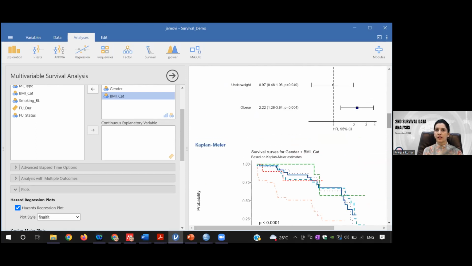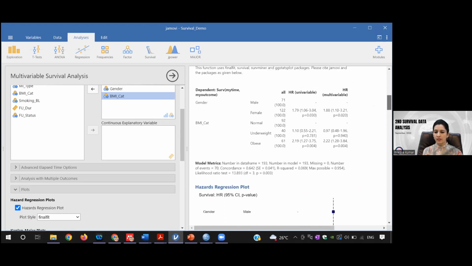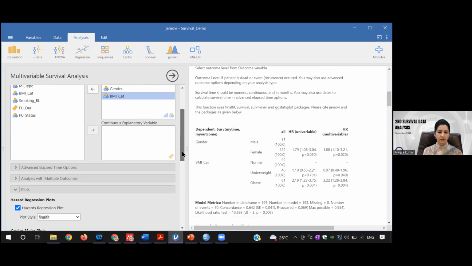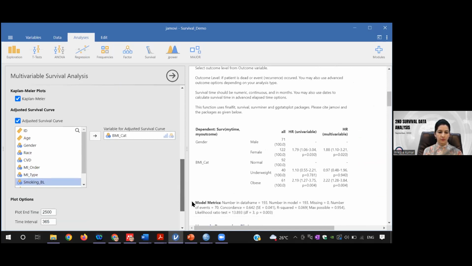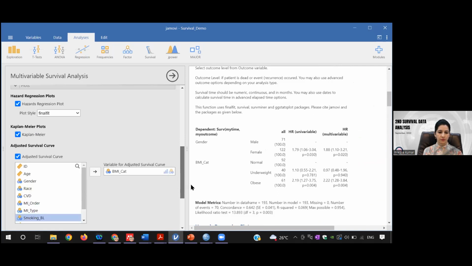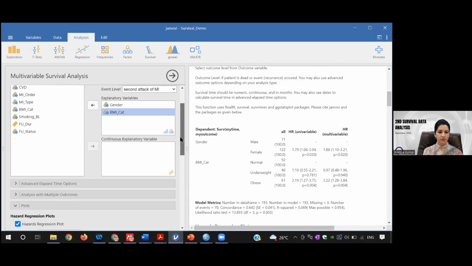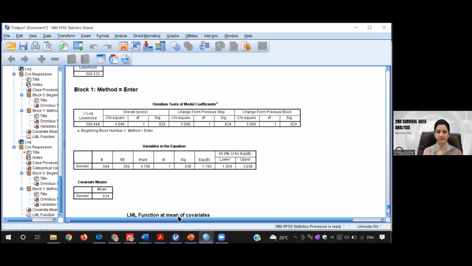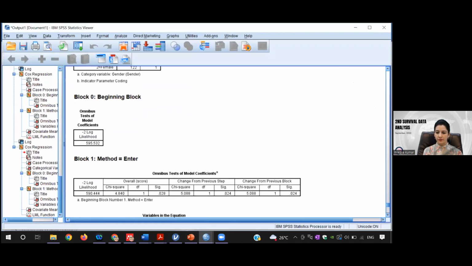Okay, so is there something corresponding to multicollinearity of covariates which needs to be tested in Cox regression? Let me go to SPSS and look at this table.